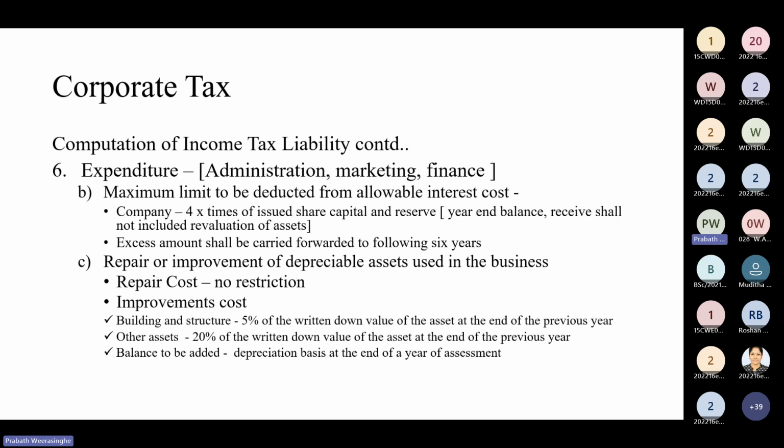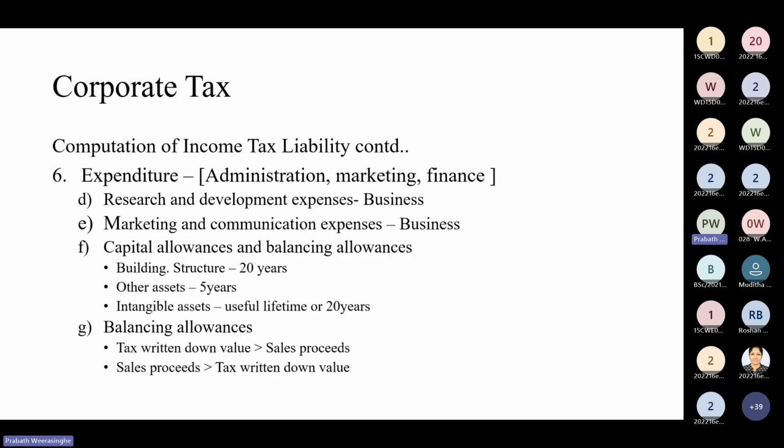Remember, for repair cost, where the repair is for the business, there is no limitation. But improvement cost is more or less capital nature expenditure, so there is a maximum cap that we can deduct, right?